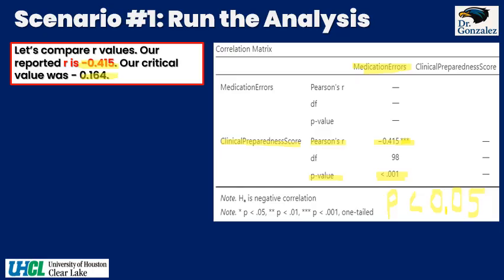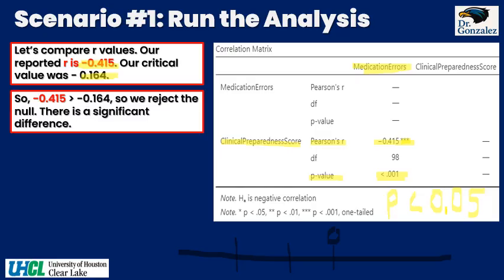If I drew a number line out, and I put 0 right here, and I put my critical value of 0.164 right here, negative 0.415 is going to lie on the left-hand side of my critical value, which means that I am going to have a significant difference this time. Okay?